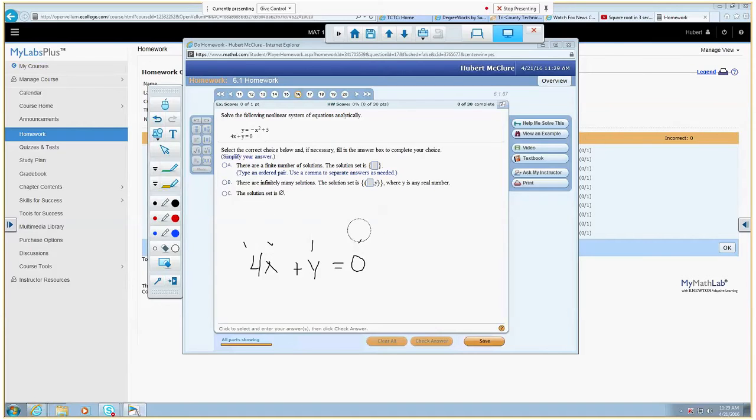So I'm going to erase this and leave it back the way it was. So y is equal to negative x squared plus 5. And I'm going to take my handy dandy highlighter and highlight this area right here because that is what? Y. And since that's equal to y, I'm going to plug it in right here.